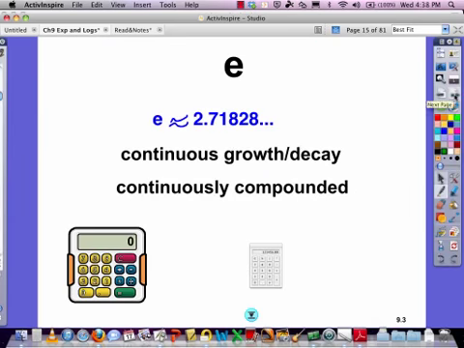But in the meantime, I'll introduce you to what we call the number e. And it is truly a number. If you look at your calculator very carefully, you should find a couple of different places for it. There's an e key by itself, not the alphabetical character. Then I believe on most of your calculators there's an e to the x key. Those are the two most of you are going to have.